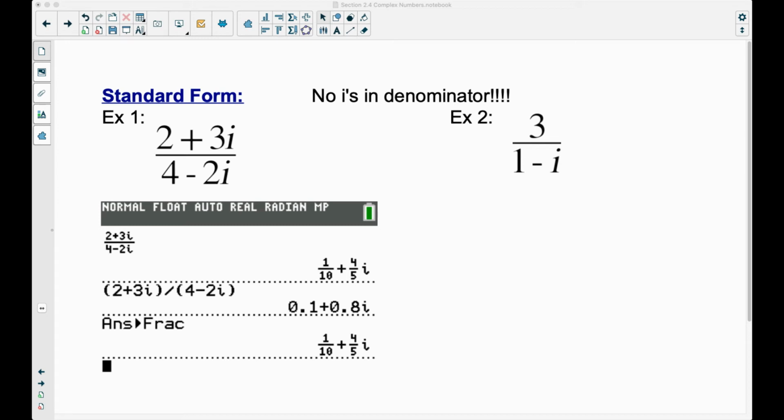So 3 halves plus 3 halves i. Okay, so your calculator is putting it in standard form for you. All of your answers should be in standard form, which standard form is a plus bi.